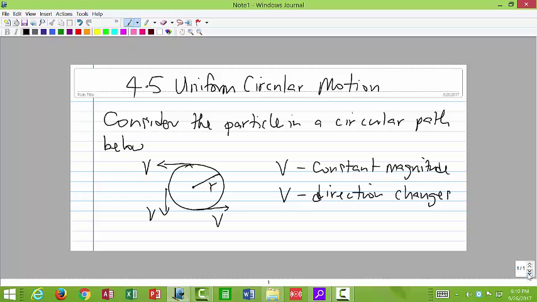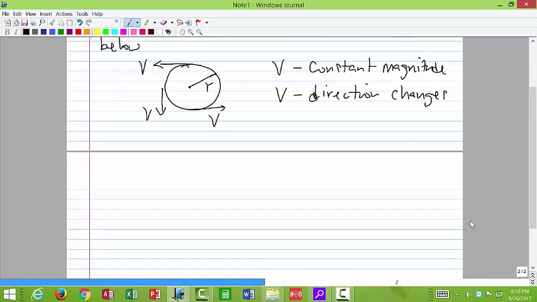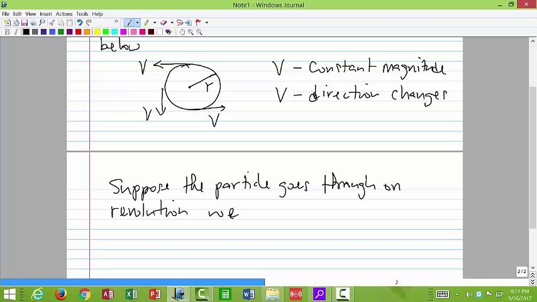If we think of the particle as moving through one complete revolution, then we can at least get a formula for the speed of the particle in the circular path. I'll do that in the next frame. Suppose the particle goes through one revolution, we can define speed v.